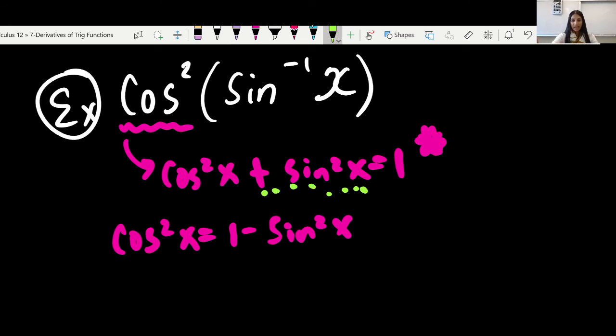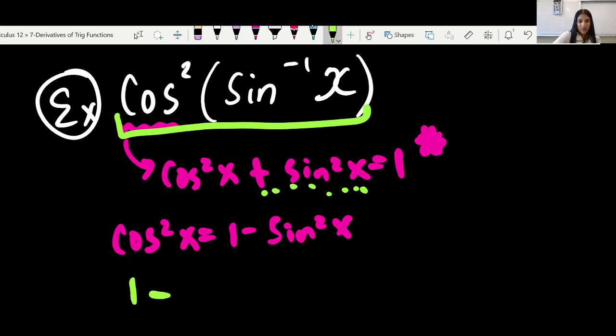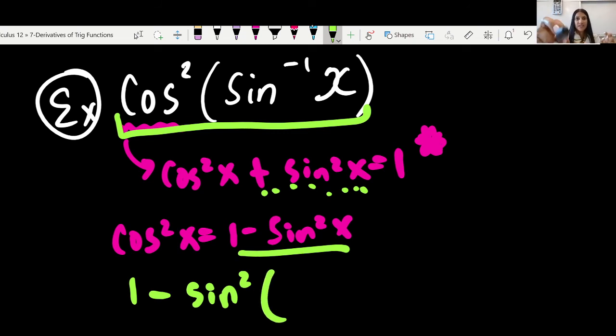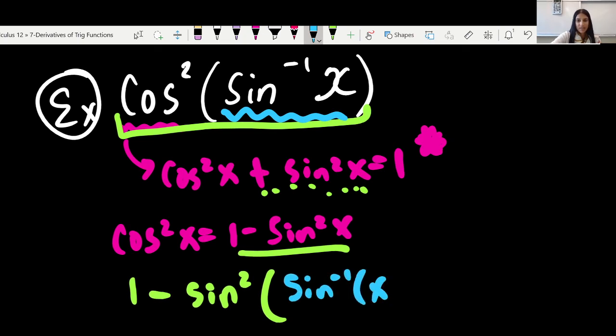But by doing that, it's allowing me to work with this. Since it's 1 minus sine squared x, I can take this overall thing here, and instead of making it cos squared, I can make it 1 minus sine squared, and then instead of x, my x is all of this stuff. So it's going to be inverse sine of x.